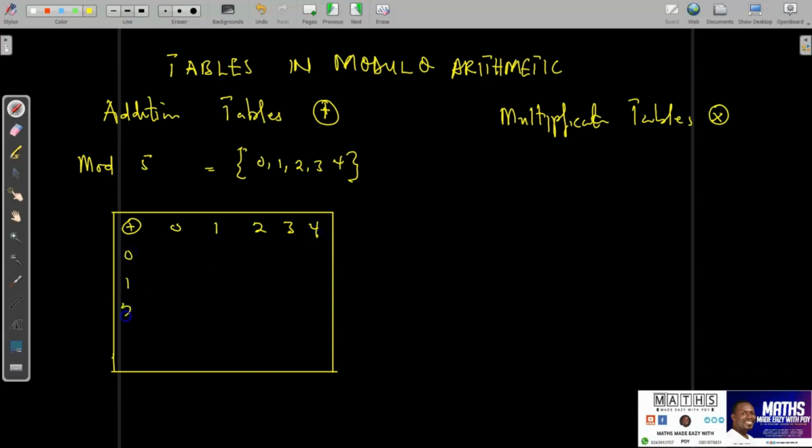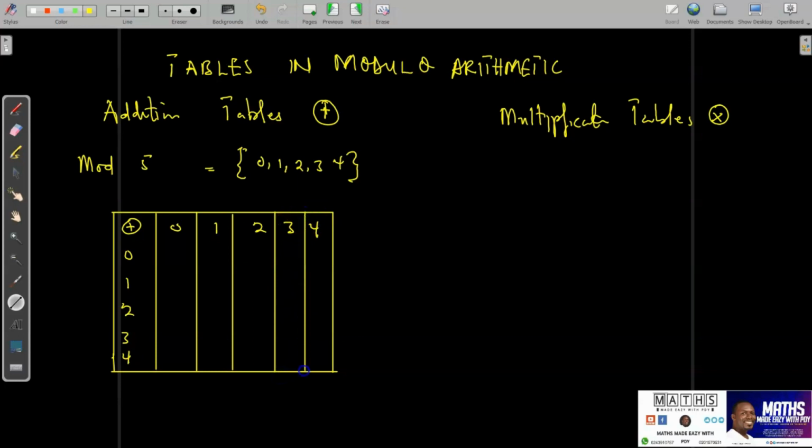Then you introduce the other columns and then the rows. You don't have to waste time on this at all.